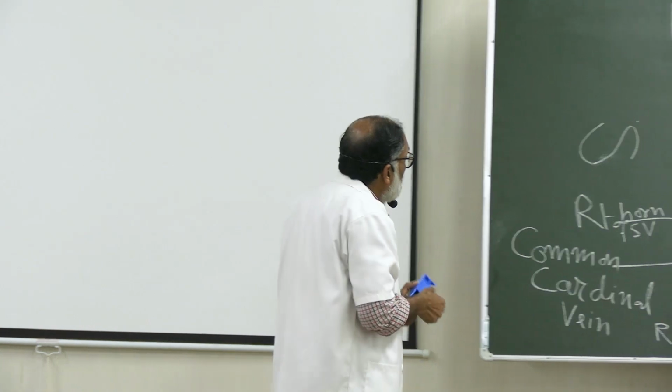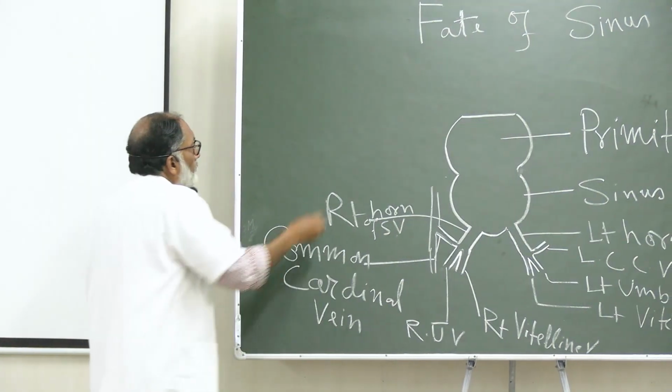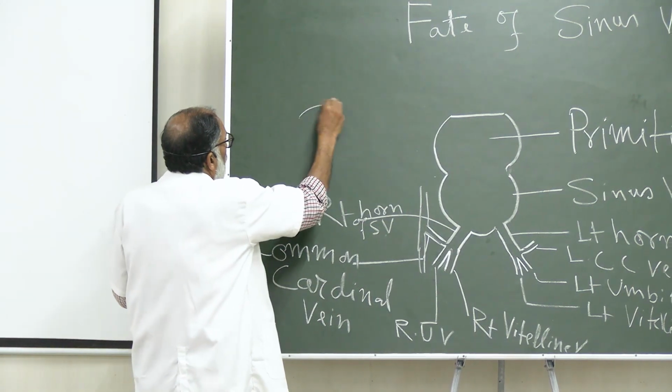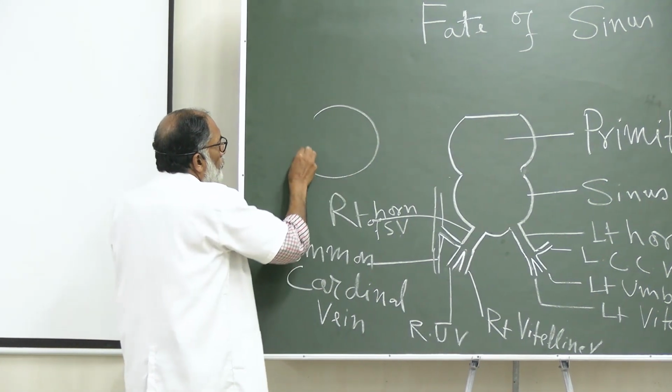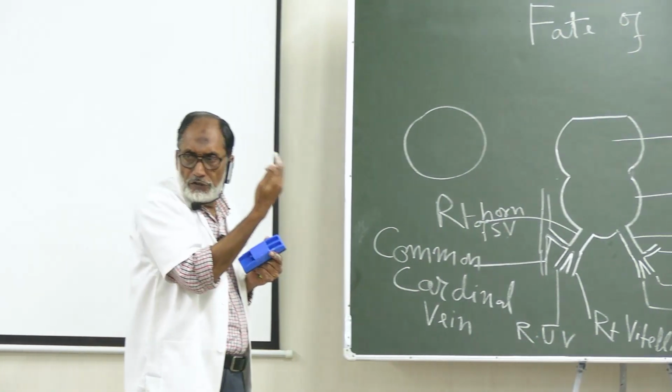So if I draw a picture here, suppose this is the common atrial chamber, and it is the dorsal aspect.